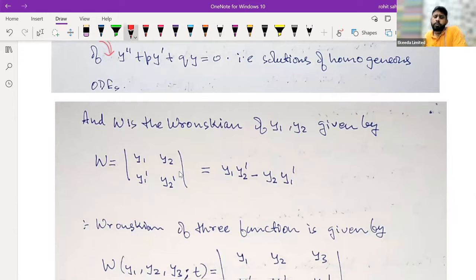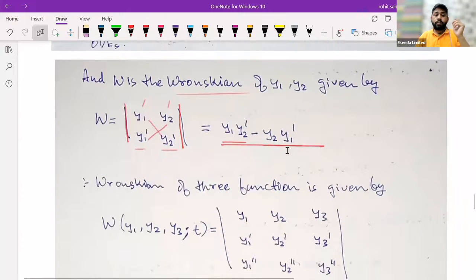Let's say if we are talking about second degree, which we are seeing here, in that case Wronskian is the determinant with rows y1, y2, y1 dash, y2 dash. So this determinant will be y1 times y2 dash minus y2 times y1 dash. You have to remember this expression. You're already getting questions on this. If you look at previous years' questions, the Wronskian comes from here. The independent solutions, their first derivative, this determinant and the value which comes is your Wronskian for two independent solutions.